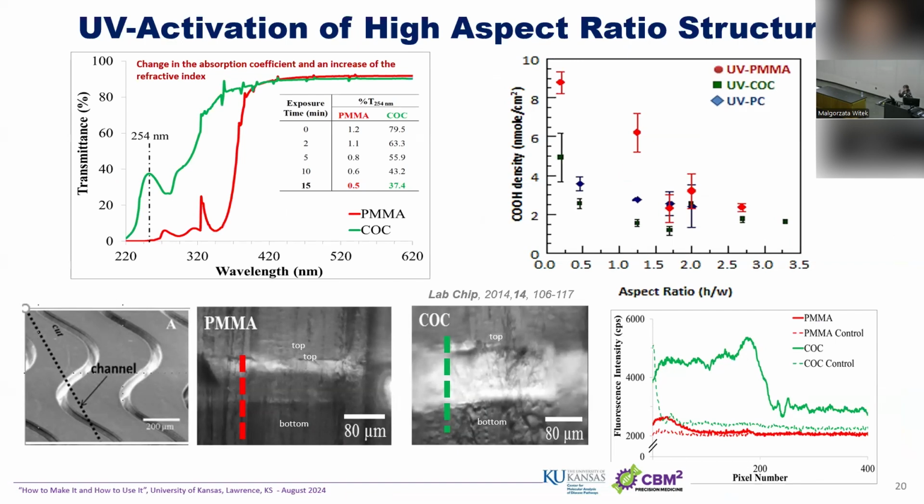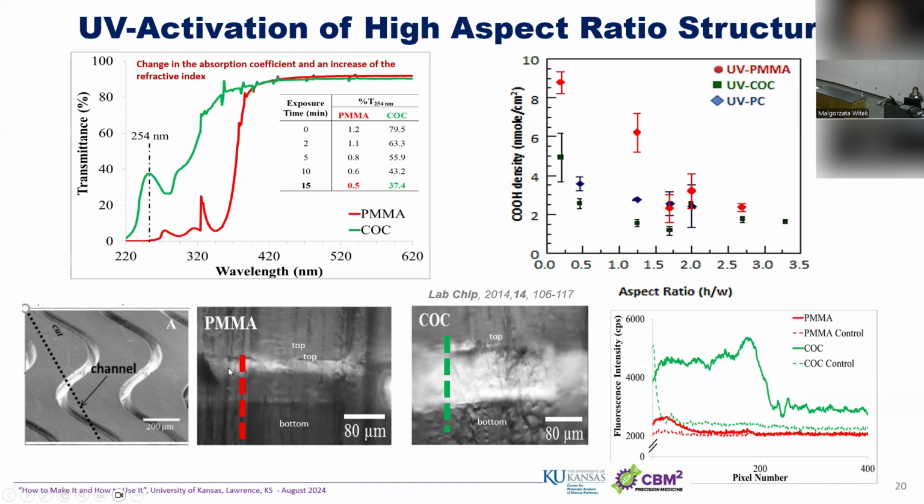Another thing to consider is when you're working with high aspect ratio structures. Remember, I told you that there's this ablation on PMMA. Well, the problem is that you're changing the absorption coefficient of that polymer. So you're gonna see what's called a shielding effect. When you modify the surface on top, it will prevent UV light from getting into the depth of your microfluidic high aspect ratio channels.